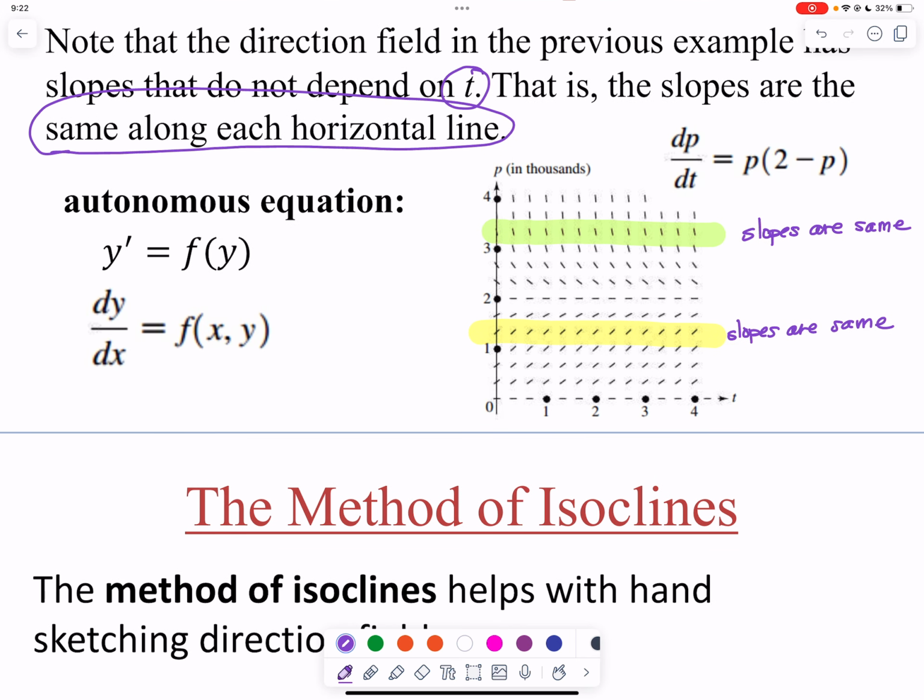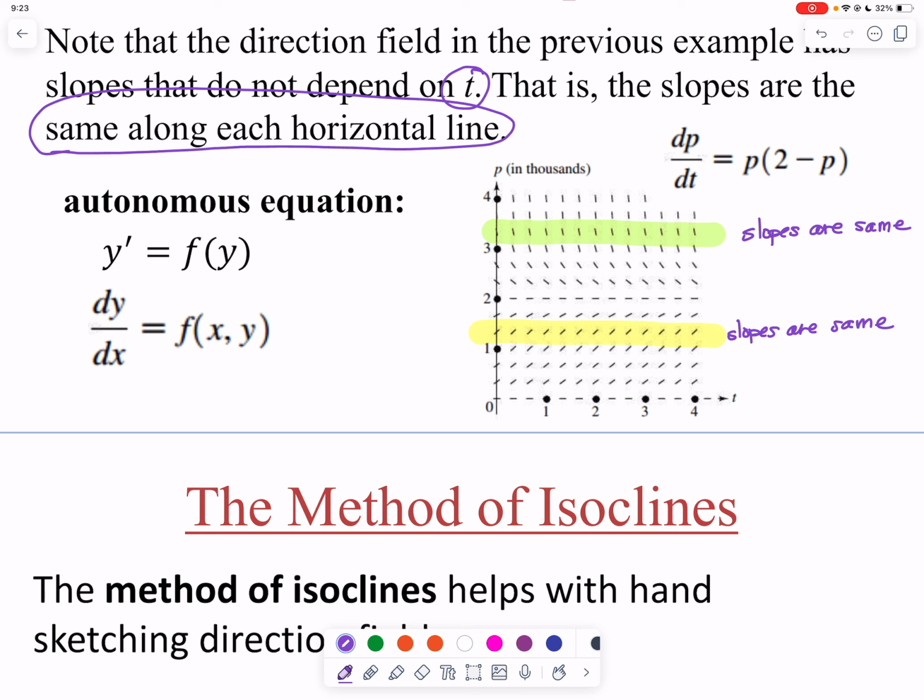And so we call this an autonomous equation. So here we have that for a differential equation, the function is only dependent on y, which is our dependent variable. Sketching these direction fields can be a bit tedious.